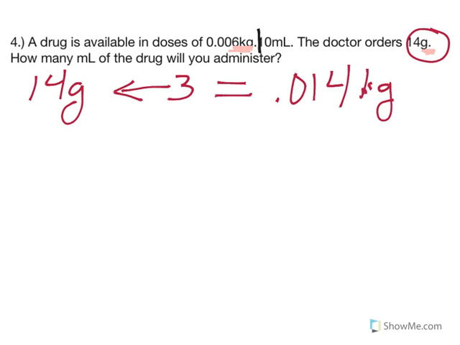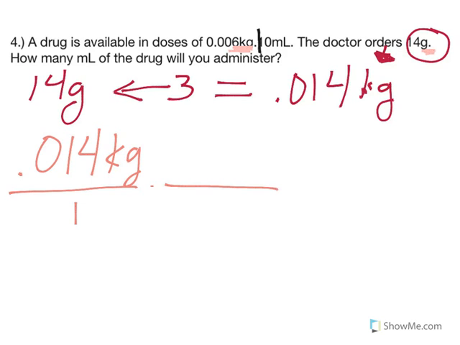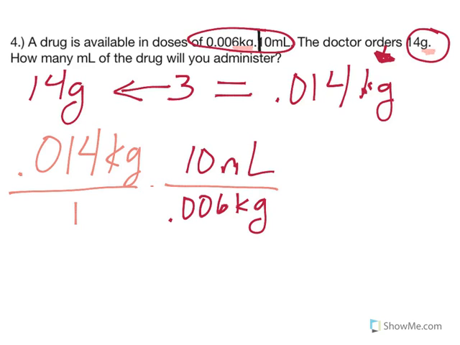This is what the doctor is ordering, right? I just changed grams to kilograms. So now when I do my problem, the doctor orders 0.014 kilograms. I use my identity ratio, now circled in magenta. So I've got 0.006 kilograms per 10 milliliters. That will answer the question of how many milliliters, because milliliters is what we want on top.